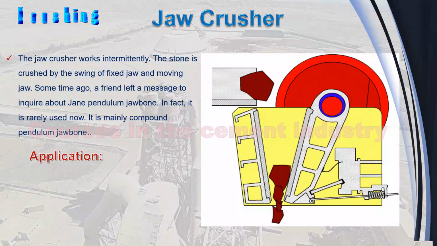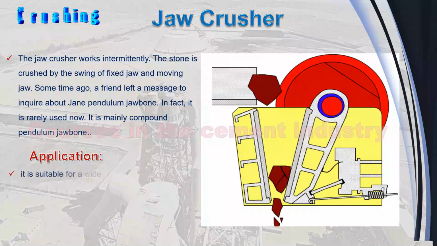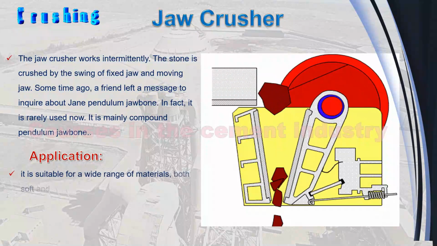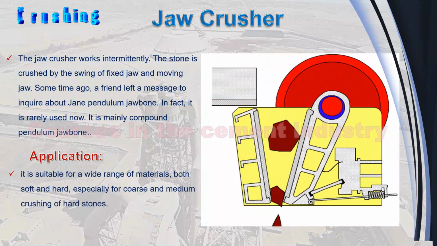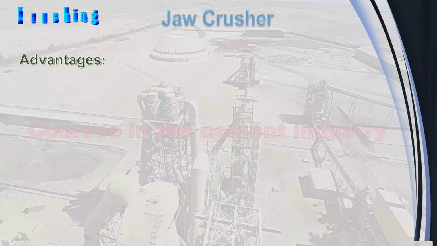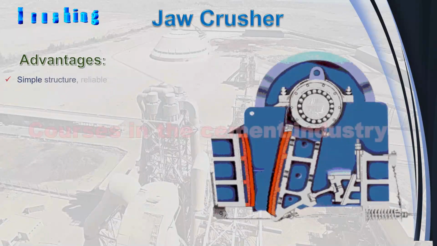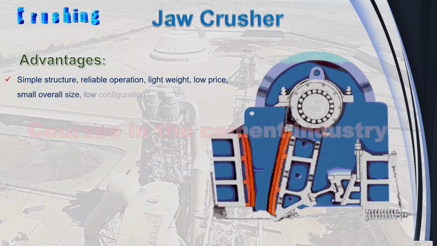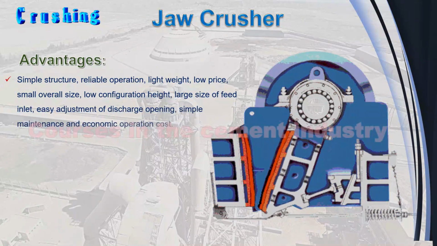Application of jaw crusher. It is suitable for a wide range of materials, both soft and hard, especially for coarse and medium crushing of hard stones. Advantages of jaw crusher: simple structure, reliable operation, lightweight, low price, small overall size, low configuration height, large size of feed inlet, easy adjustment of discharge opening, simple maintenance and economic operation cost.